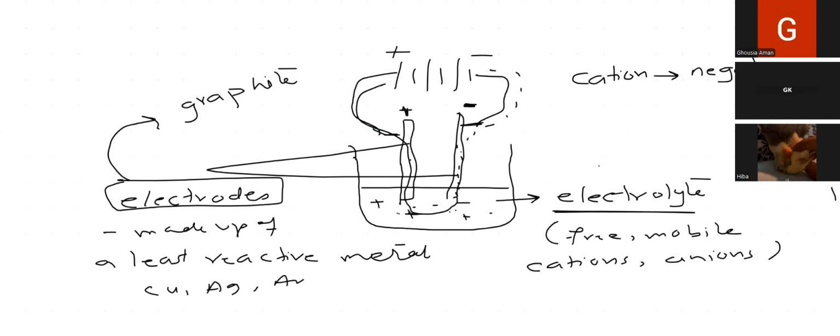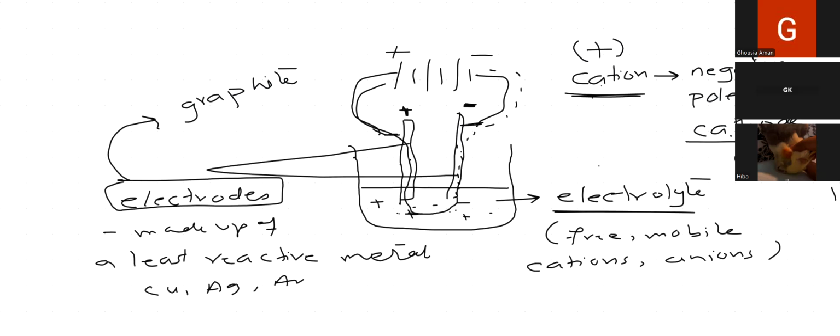Cations will be attracted towards the cathode and will chemically react over there.